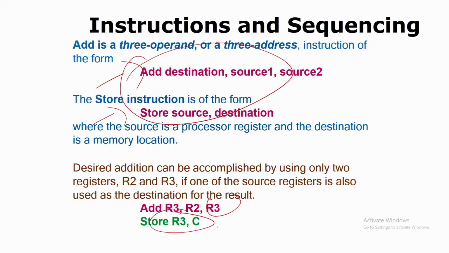transfers the result to memory. So the result is transferred to memory with the help of the second instruction, store R3, C. This approach optimizes the general purpose register utilization while maintaining computational correctness and improving register allocation efficiency.